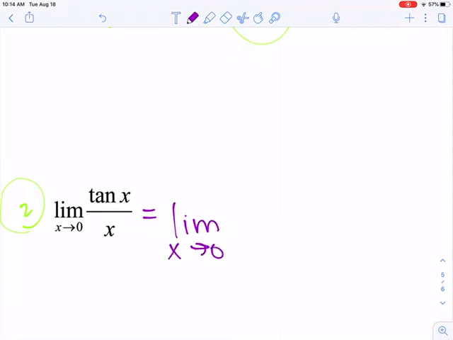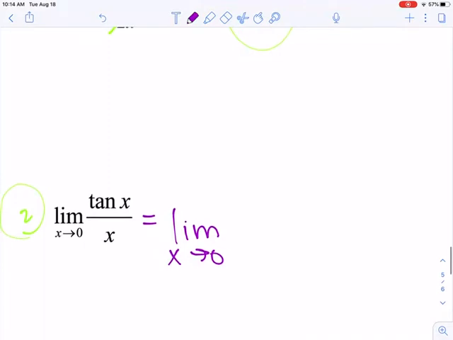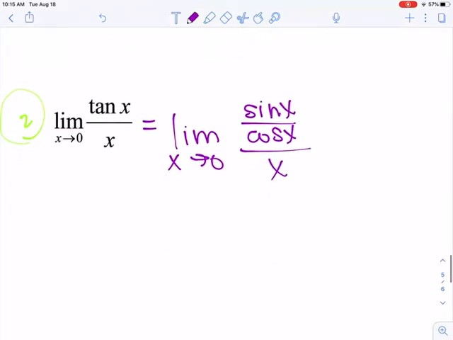We know that tangent doesn't have to be written as the tangent of x. Tangent of x can be written as sine of x over cosine of x. Let's rearrange this so that it can be helpful to us.